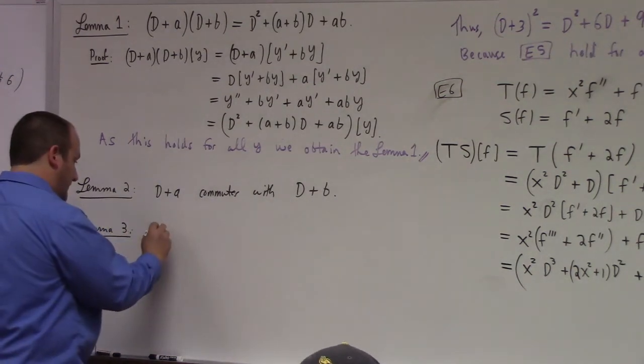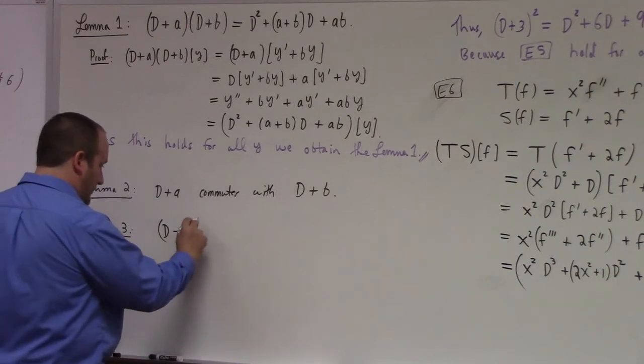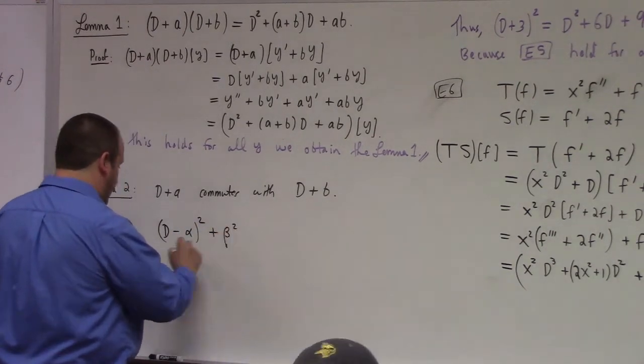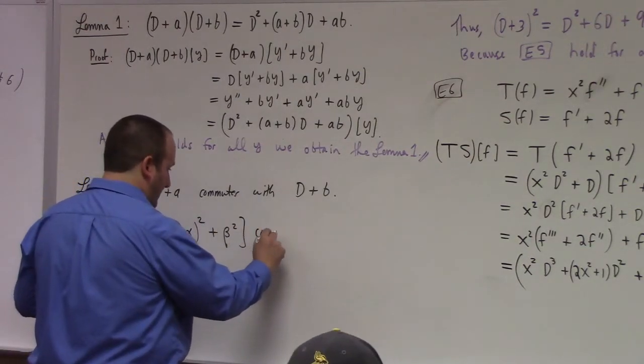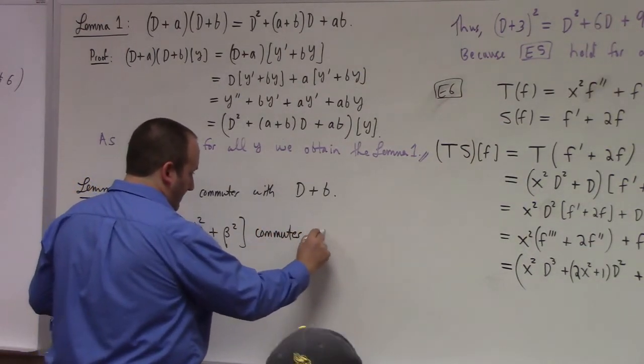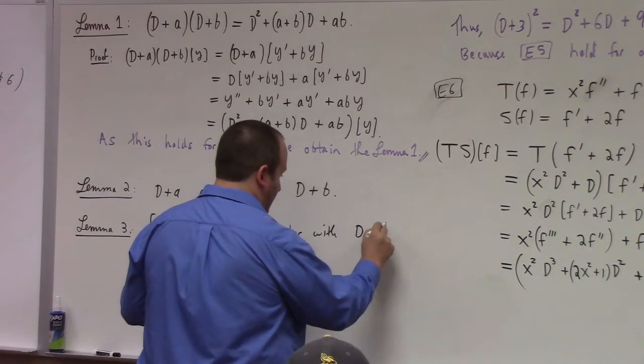Lemma 3, how about this? D minus alpha squared plus beta squared commutes with D plus b.